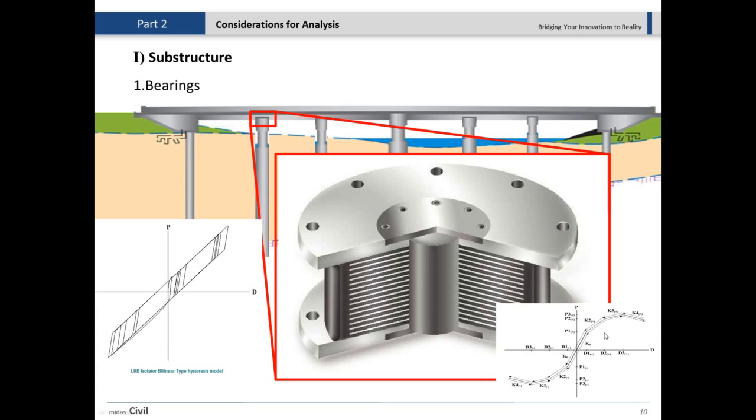Because of the nonlinear behavior of these bearings, the energy is dissipated during the event. Therefore, the forces coming from the ground will not be transferred. Most of them will be dissipated, and just a small part will be transferred to the superstructure. So the structure is going to function perfectly even during seismic events. This is pretty important, and it could be used for existing bridges as well as for new bridges.